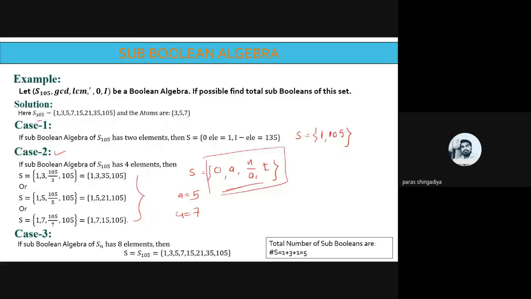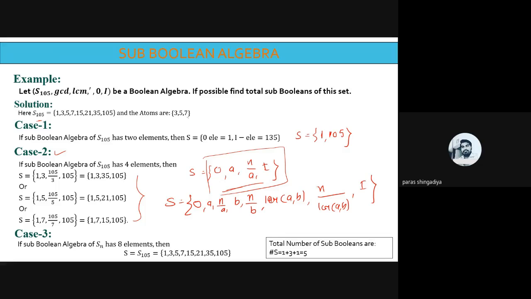The formula we have is S equal to the 0 element, then a, n by a, b, n by b, then LCM of a comma b, and then n upon LCM of a comma b, and then the I element.